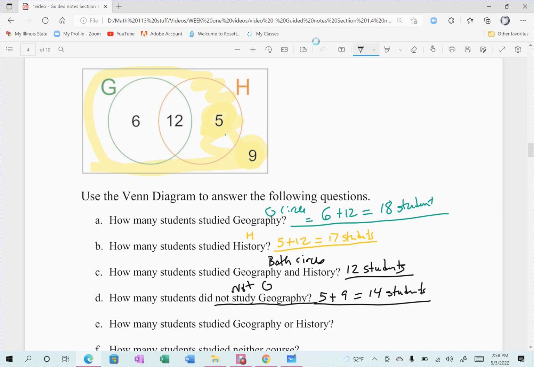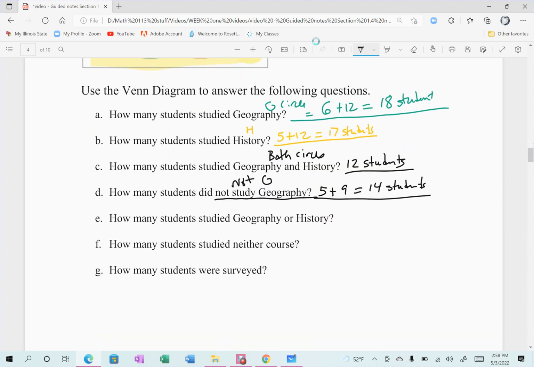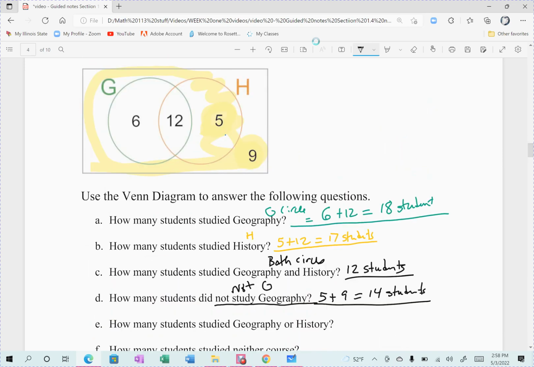All right, now the or statement. We want geography or history. So I can be in one circle, I'm going to erase the yellow that I had up here, or I can be in the history circle. Geography or history. And so now I can be in either circle. I get to include everybody from both circles, even the 12 in the overlap, but I only include them one time.